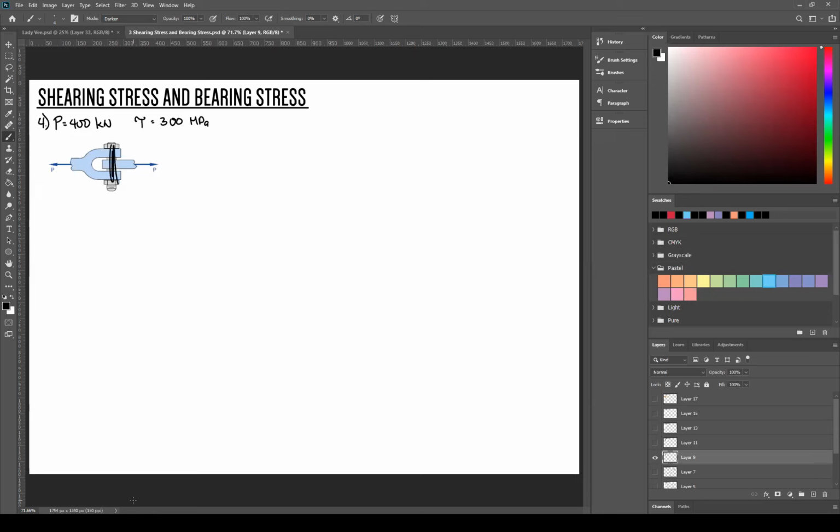Okay, to solve for that, we cut isolate. I'm gonna cut this portion of your bolt instead of this. So cutting that, we have something like this. So this is your applied force P. And then your bolt is cut over here. Like that.